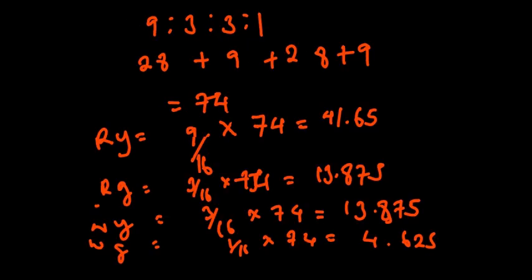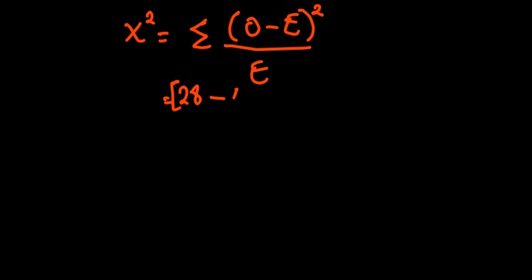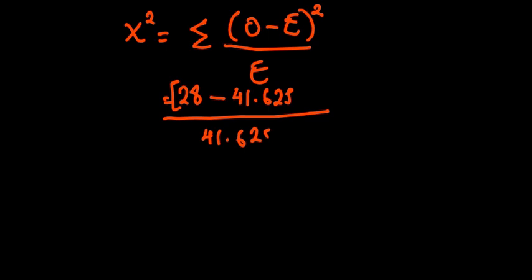So 28 minus 41.625, squared, divided by 41.625. So when you do all the calculations, it's going to give you 4.46. Then we go to the next. You say 9. We're going by ratios, remember.